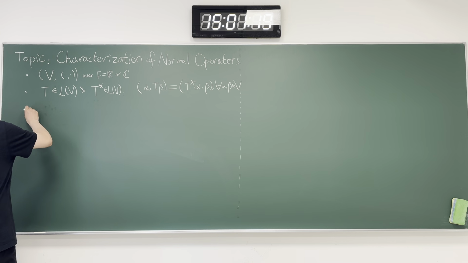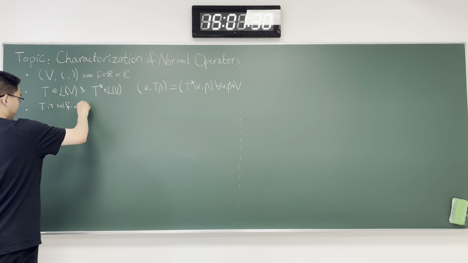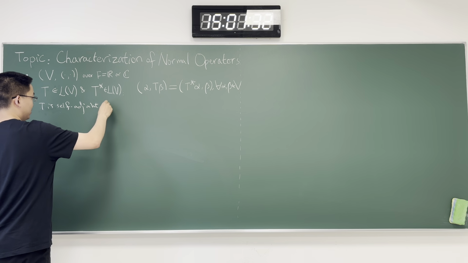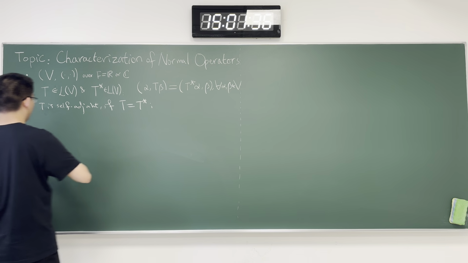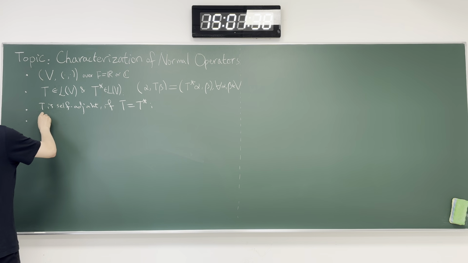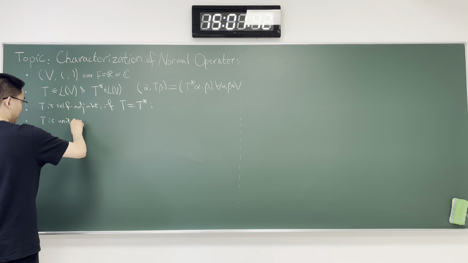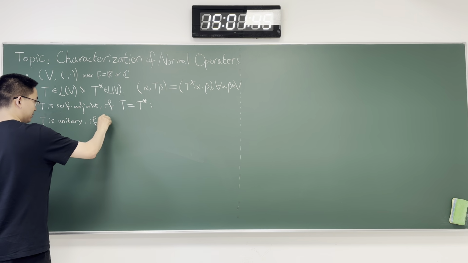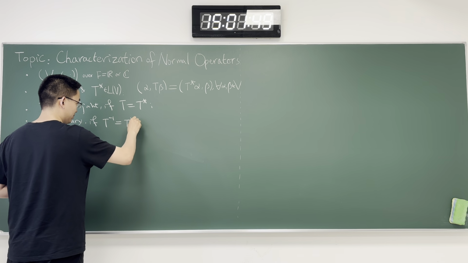For example, we say that a linear transformation T is self-adjoint if it coincides with its adjoint. And we say that T is unitary if its inverse is equal to its adjoint.